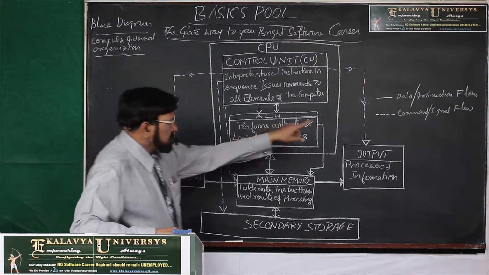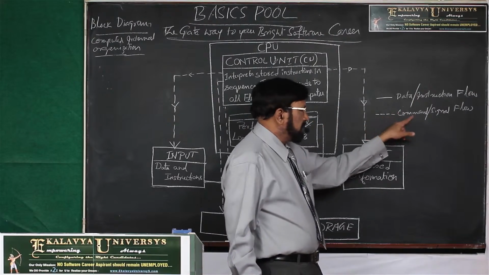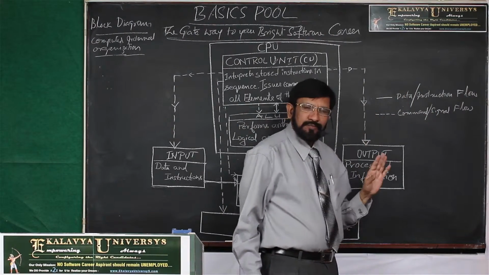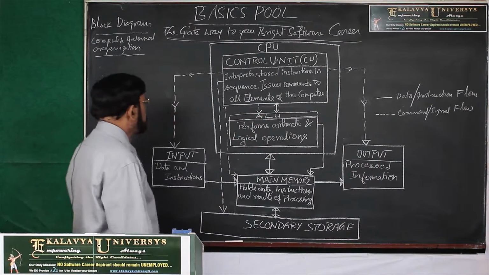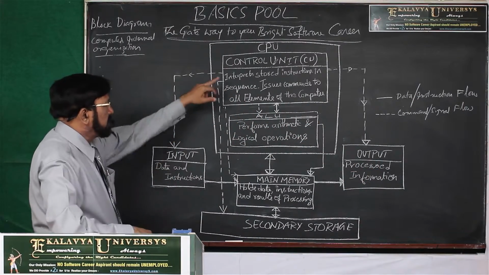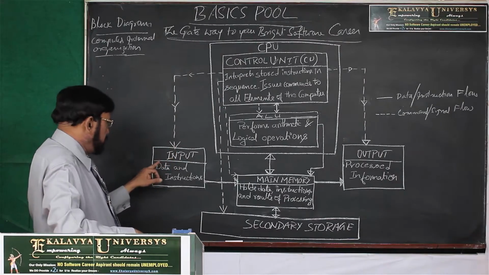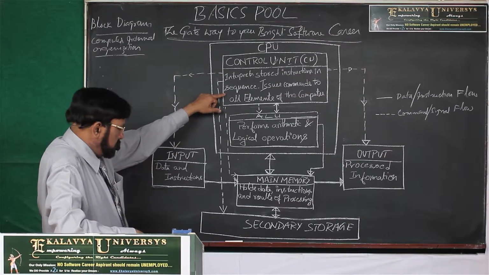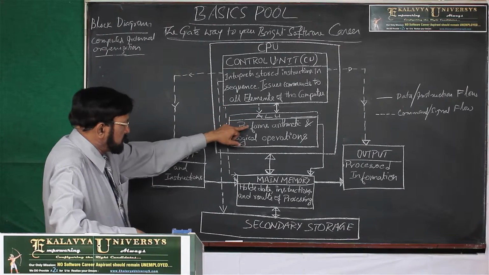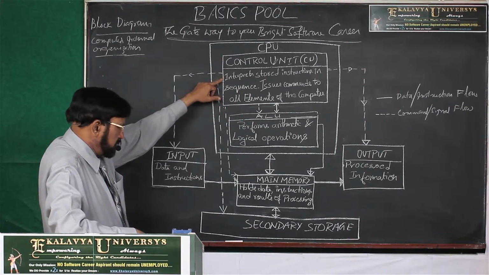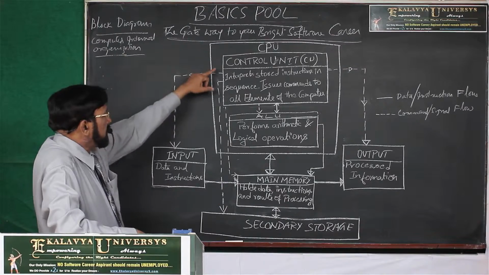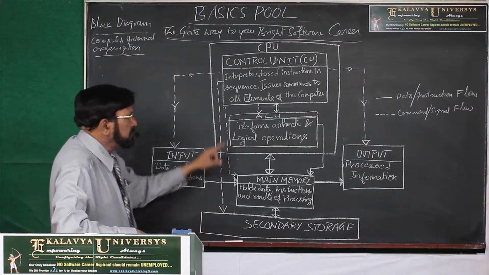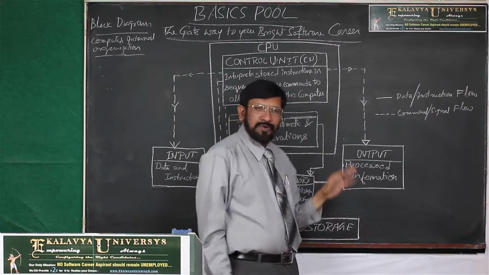Now these dotted lines represent command or signal flow. You can see dotted lines from the control unit to input, control unit to ALU, control unit to main memory, control unit to secondary memory, control unit to output.